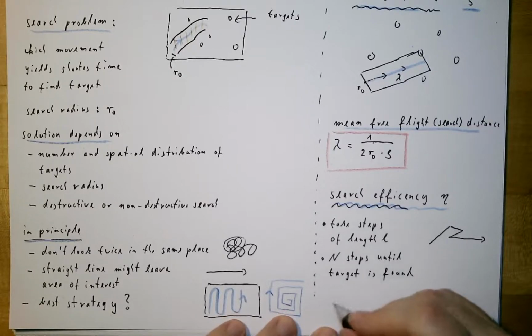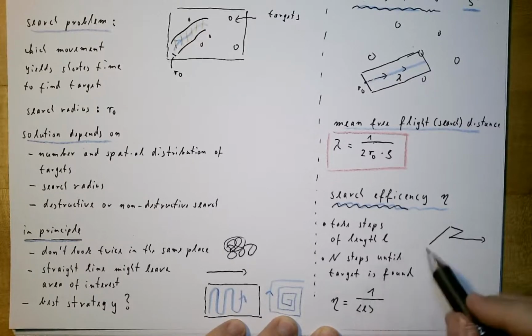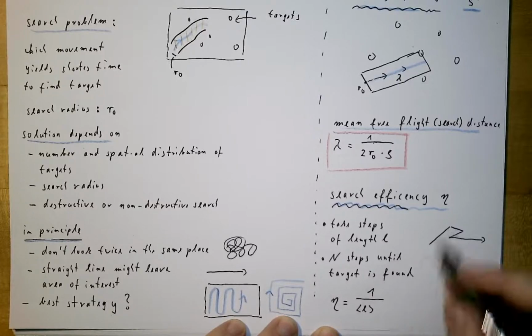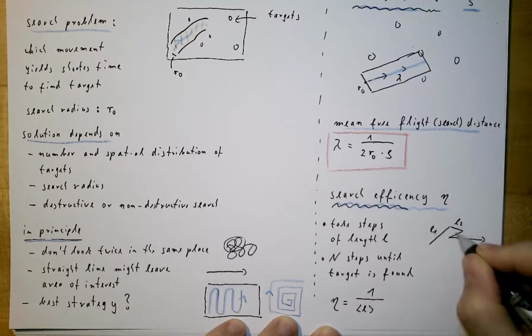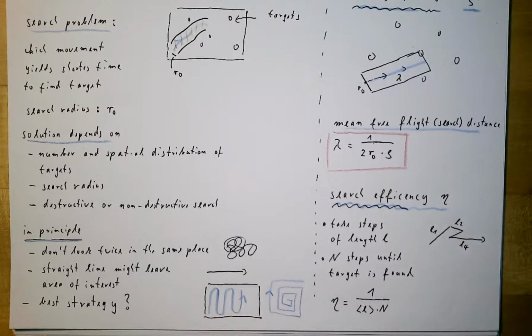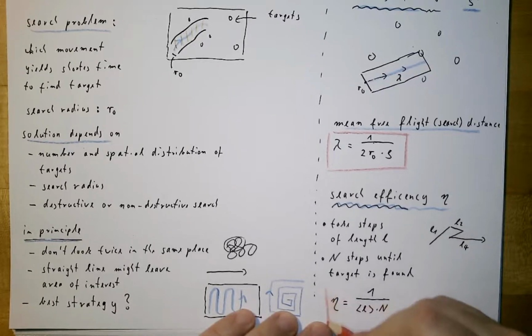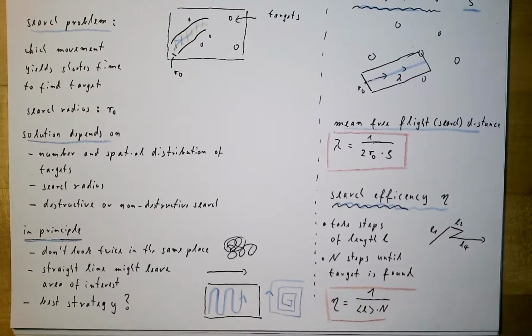And then the search efficiency can be defined as 1 over the typical step length, so the average of the step length. So this here was L1, L2, L3, L4, divided by the number of steps that we need to do until we find the target.